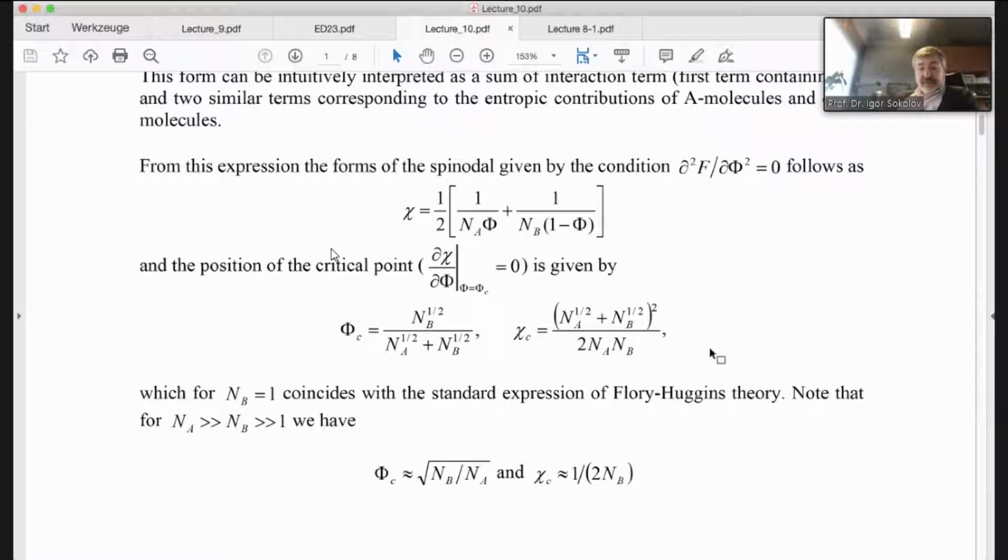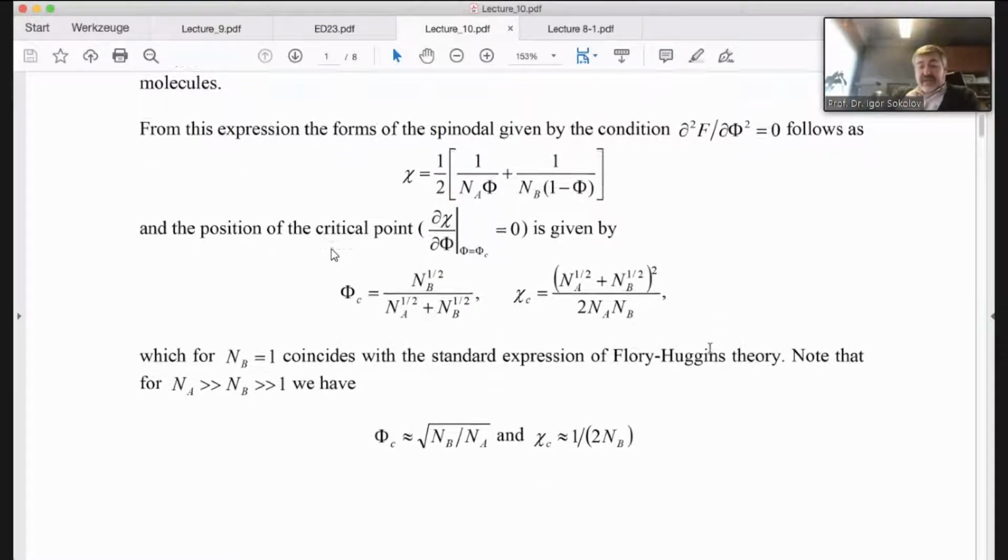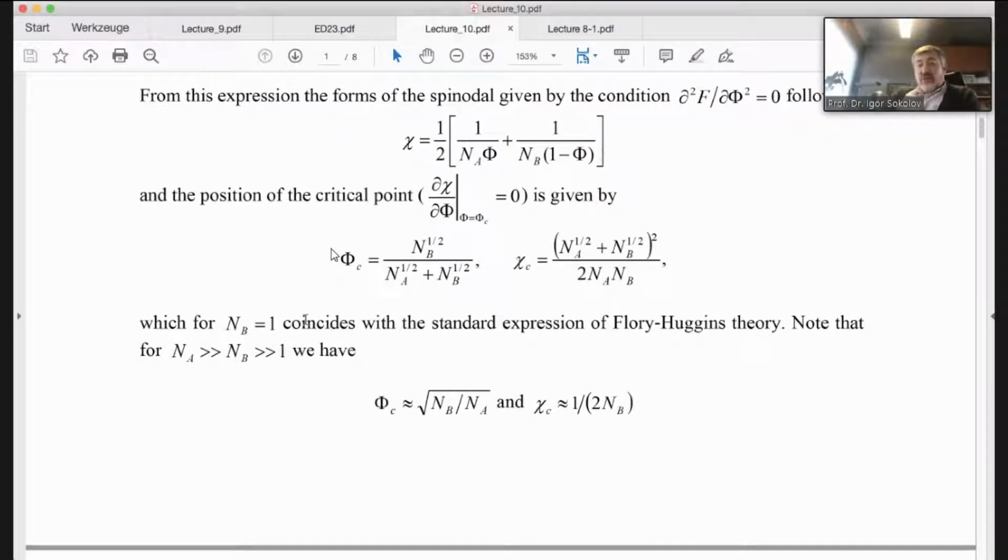And I get the position of the critical point and the critical value of the Flory-Huggins parameter. So what we see is that if both the polymerization degree of the polymer and the polymerization degree of the solvent are large enough, so I have here large numbers, and the polymer is much longer than the solvent, let's look at what happens with chi c.